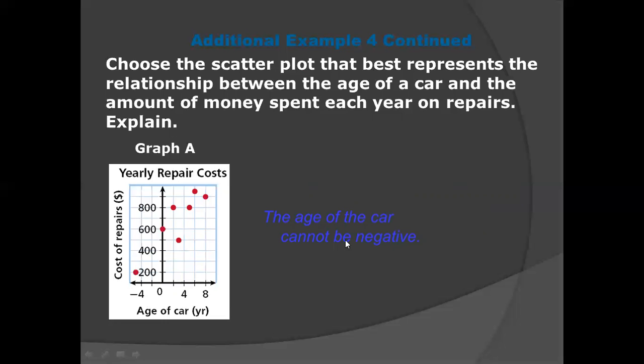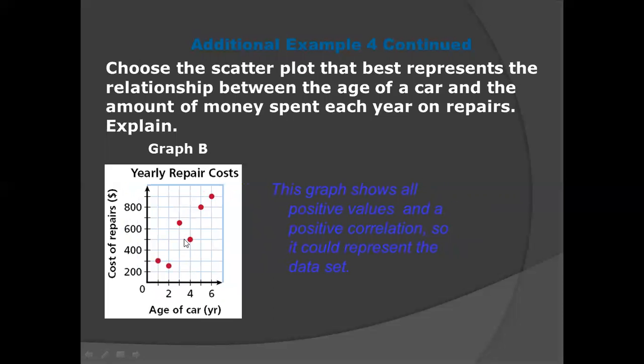Graph B, as shown in graph B, shows all positive values and a positive correlation. So it can represent the data set.